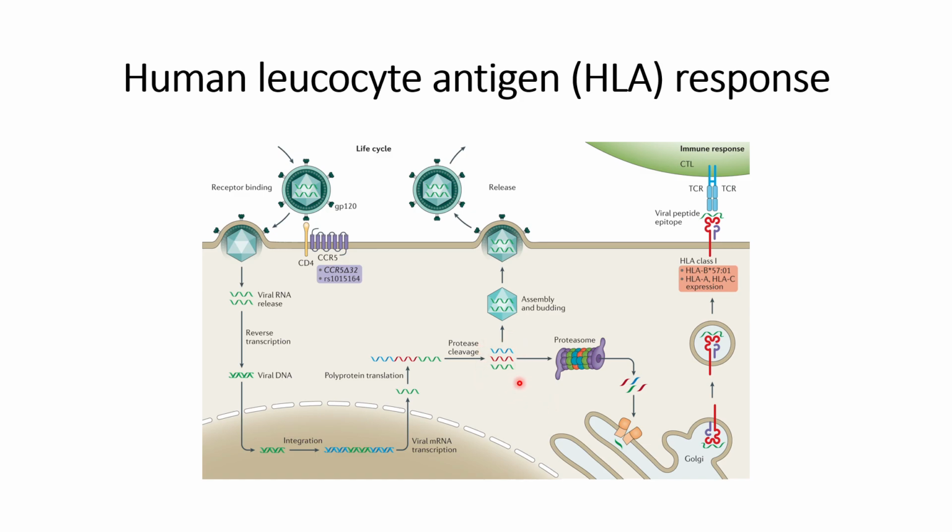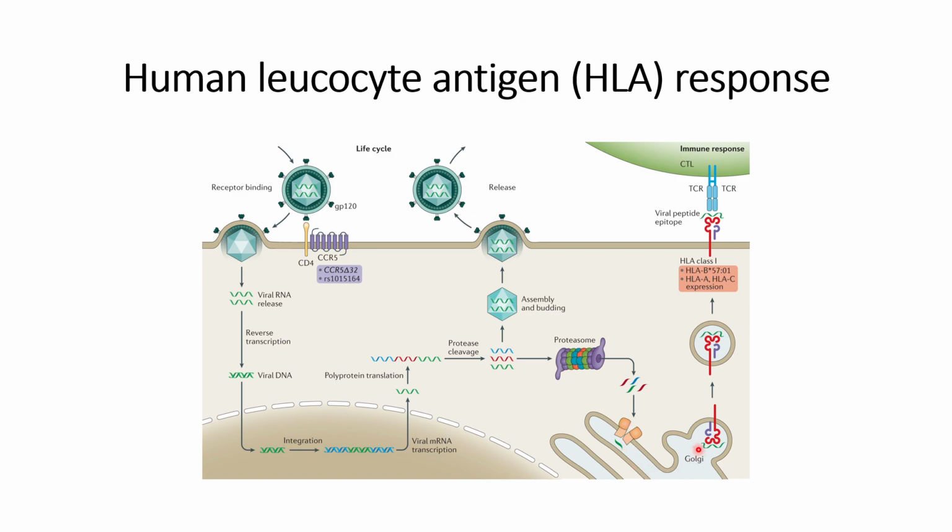Some of this polyprotein, after protease cleavage, gets to the proteasome, where it is digested into peptides that bind to the HLA class, that is human leukocyte antigen class, and this happens in the Golgi.